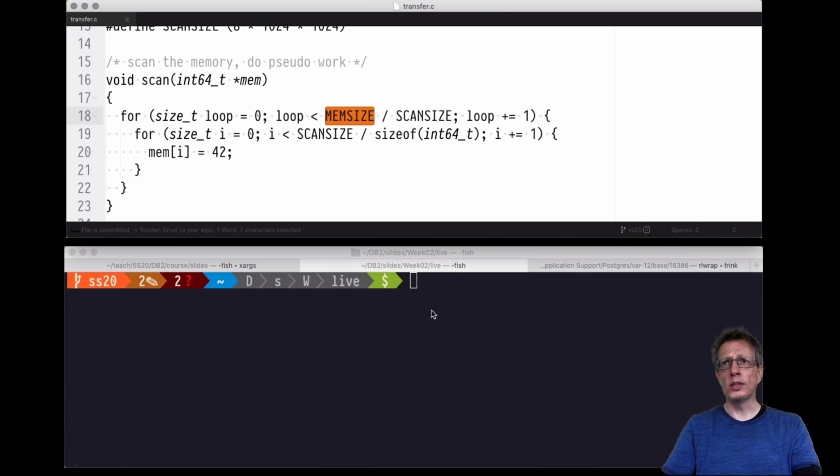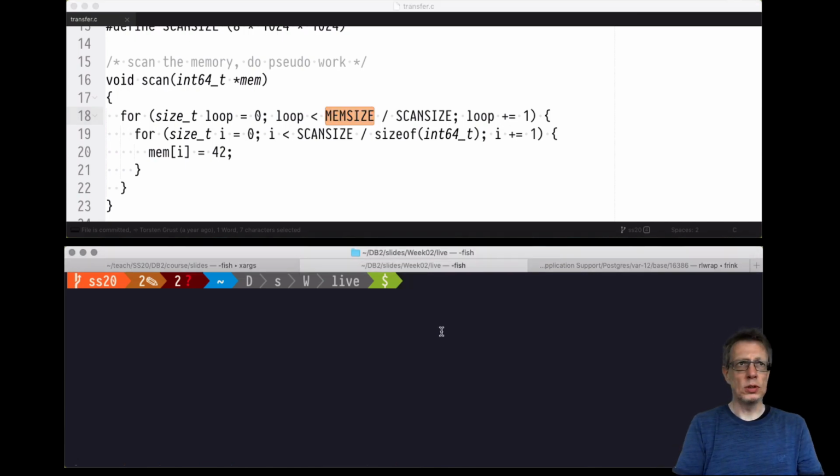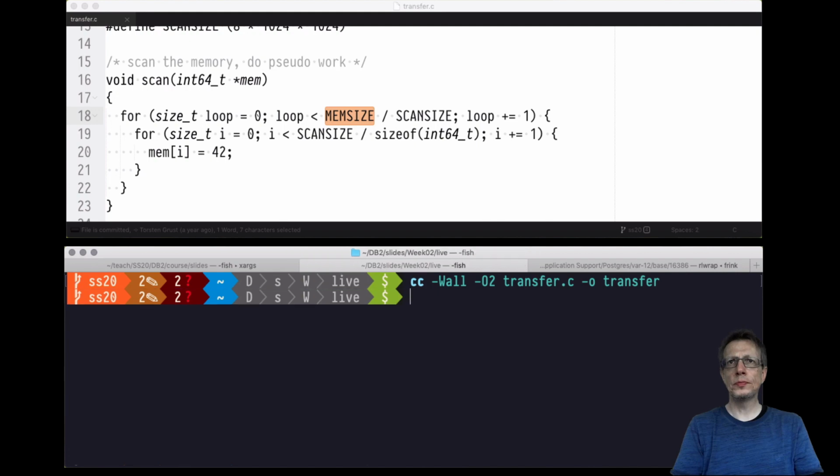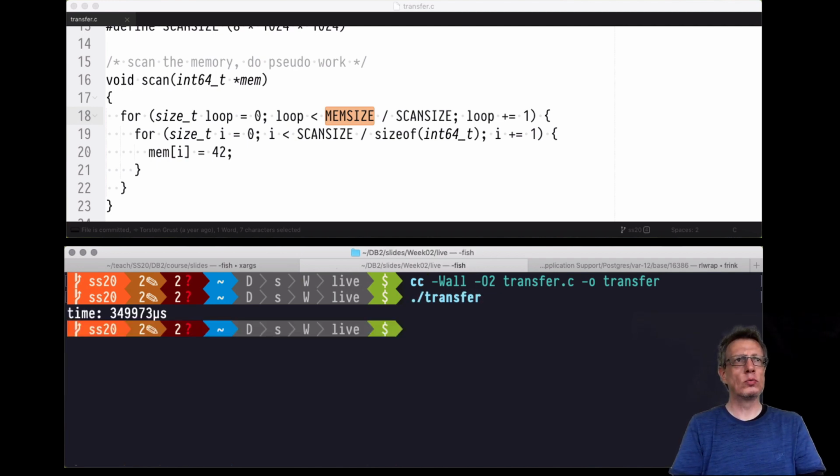Okay, so let's see. We could compile this program with optimization. Transfer. Okay, so let's do that. Okay, and let's execute the program. There you go.